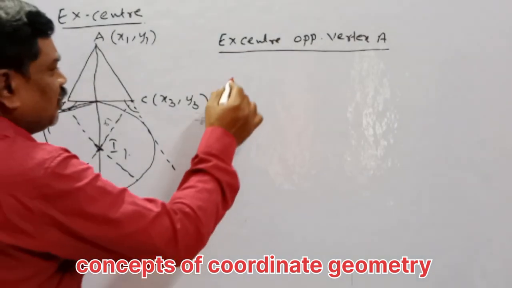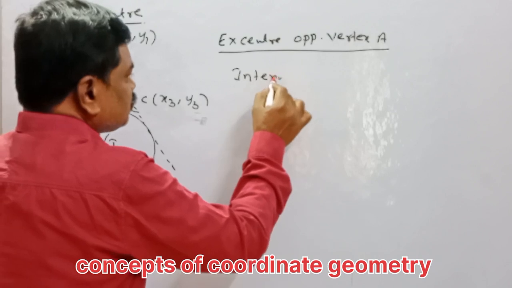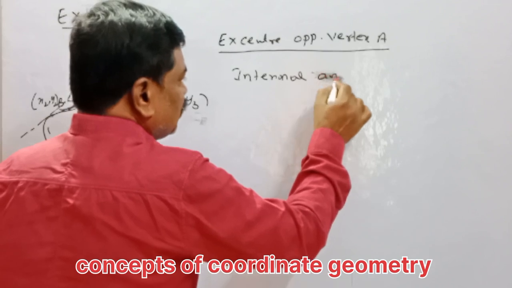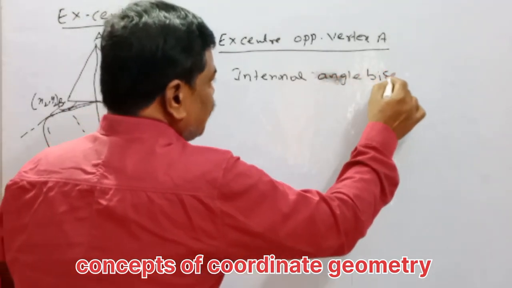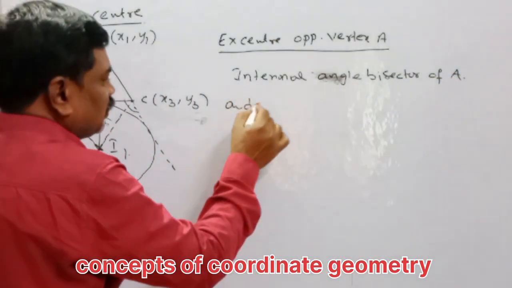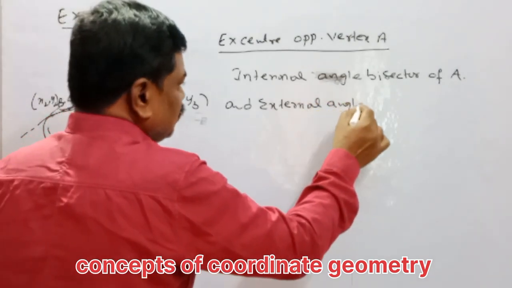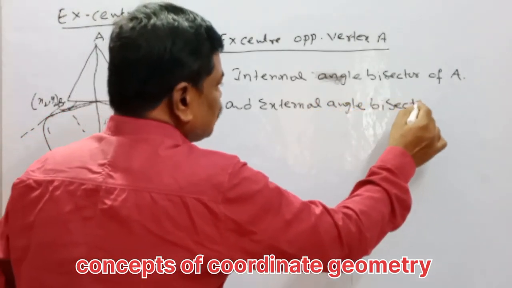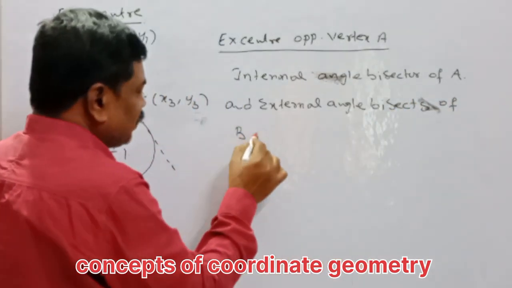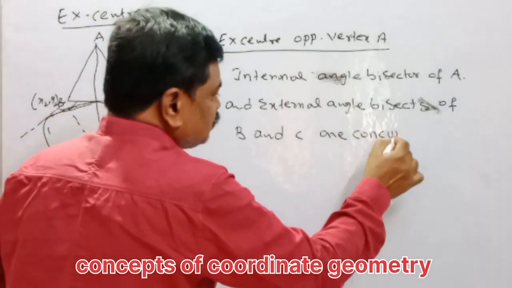Okay, this is the internal angle bisector of A and the external angle bisectors of B and C. They are concurrent.